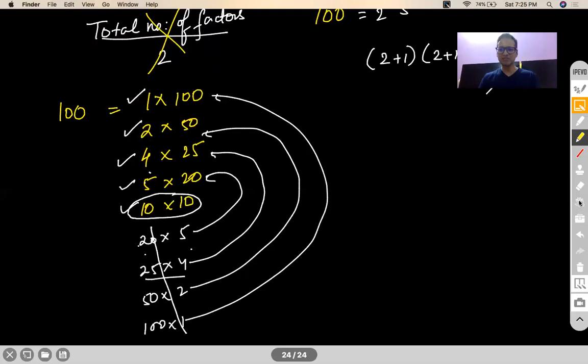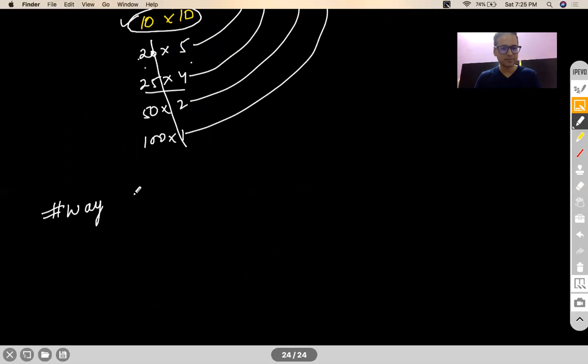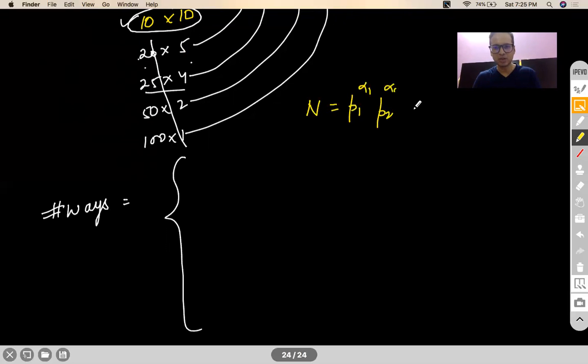So here is a formula that I would like to discuss, so please note it down. The total number of ways: let's say your n is expressed as p1 to the power alpha 1, p2 to the power alpha 2, dot dot dot till pk to the power alpha k.